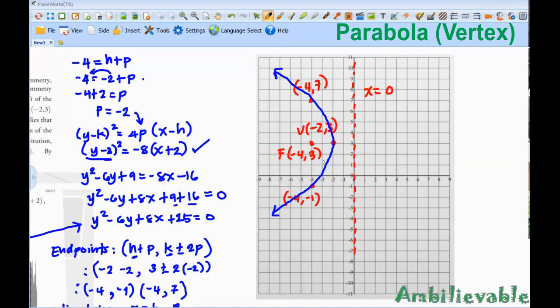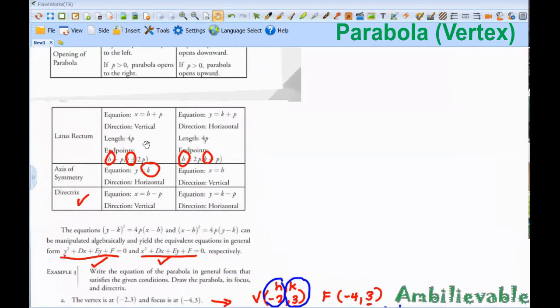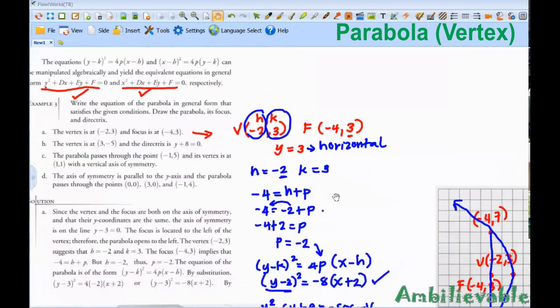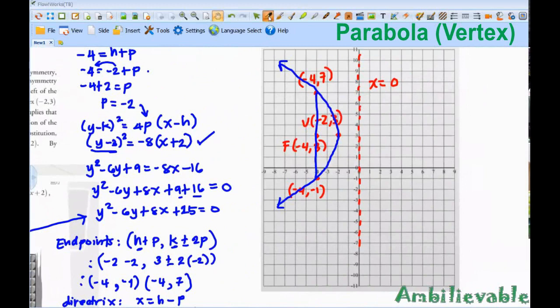Okay, so this is our latus rectum. The latus rectum has a formula of 4 times the p. 4 times the p is the length of the latus rectum. How wide?